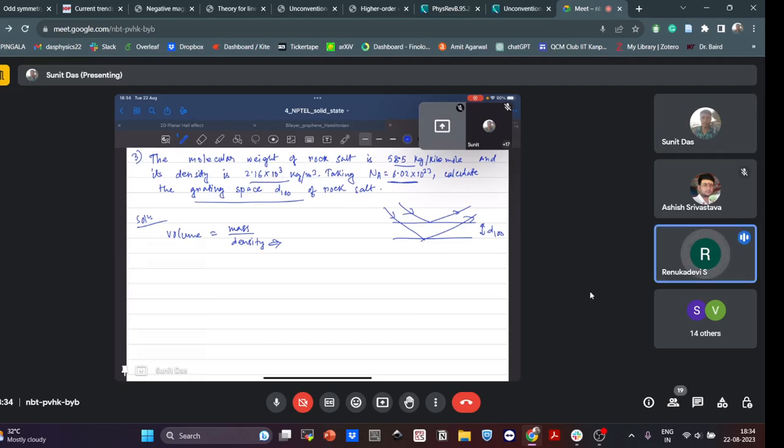Sir, I think another formula is rho equal to n M by a cube N_A, that is another Avogadro number. So here n will be 2 molecules per unit cell, basically.